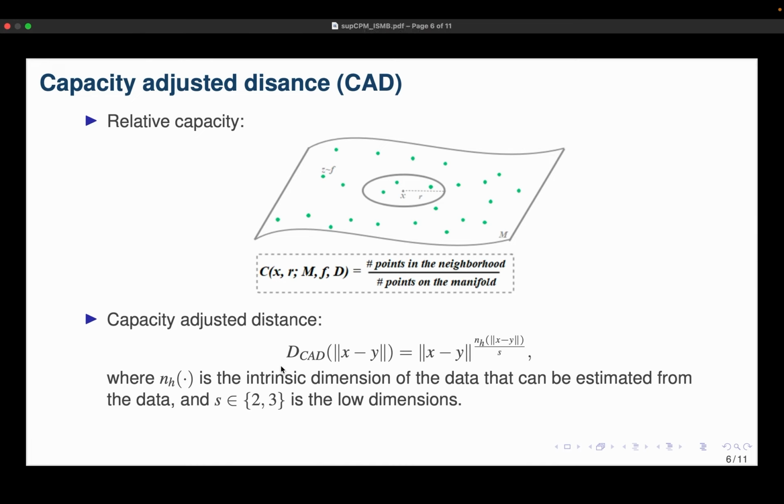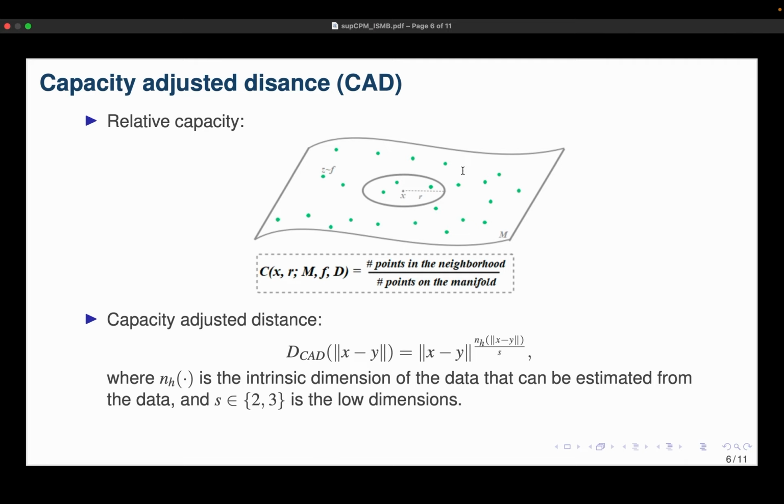So in our method, we try to quantify the capacity so that we could solve the crowding problem more accurately. The capacity we define could be viewed as the number of points in the neighborhood associated with the radius, which is the circle on this manifold, divided by the number of all the points on the entire manifold, given some distribution.